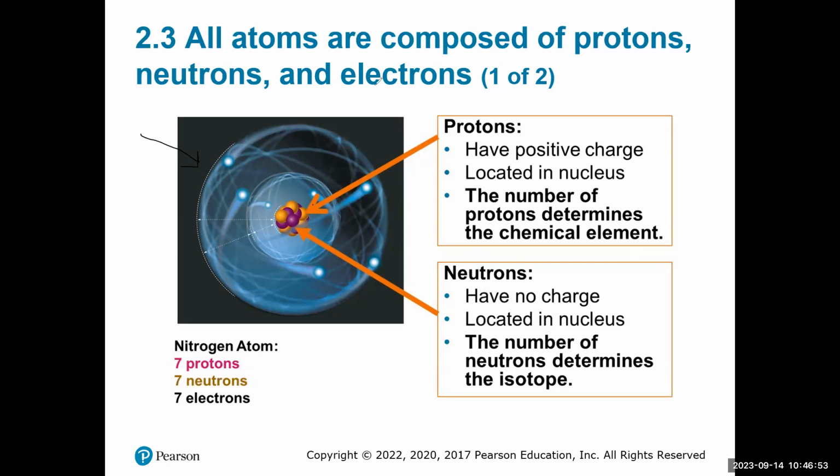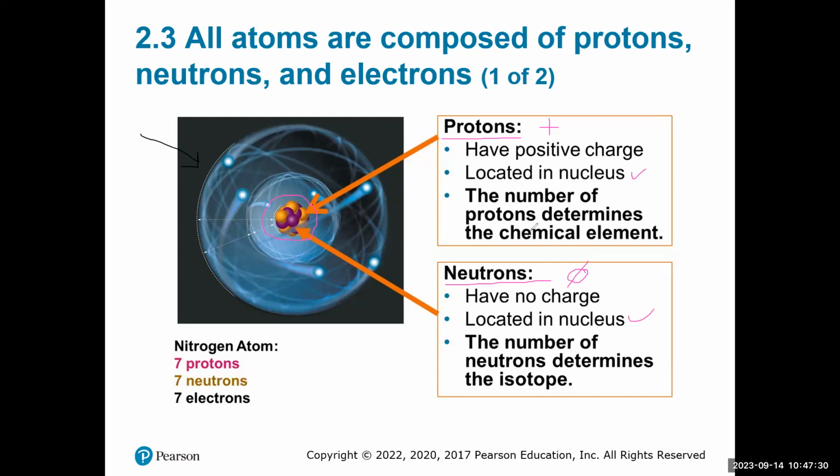In the middle we have the nucleus, and that's where we have the protons and the neutrons. Protons are positively charged; P and positive is a trick to remember it. Neutrons don't have a charge, so they're neutral. Both are located in the nucleus.